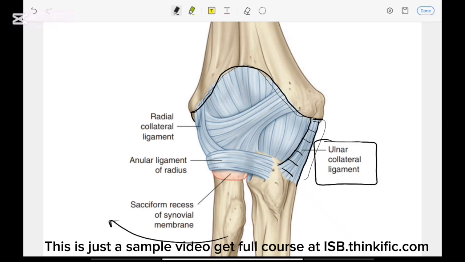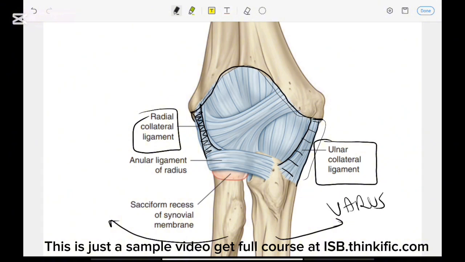Also laterally, it is thickened to form the radial collateral ligament, and that prevents excessive adduction of the joint, right? Excessive varus stress or adduction stress on the joint. Similarly, the ulnar collateral ligament prevents excessive valgus stresses on the joint, that is, abduction stress on the joint.